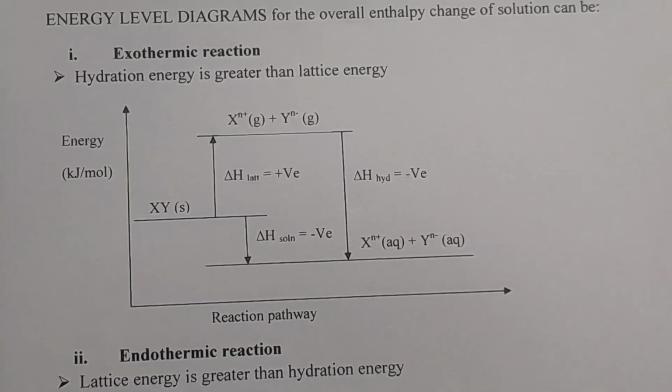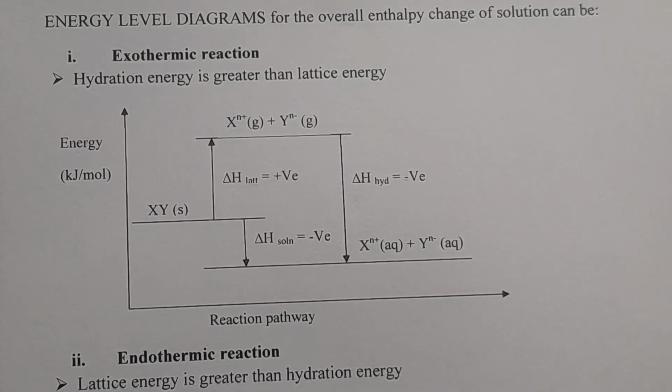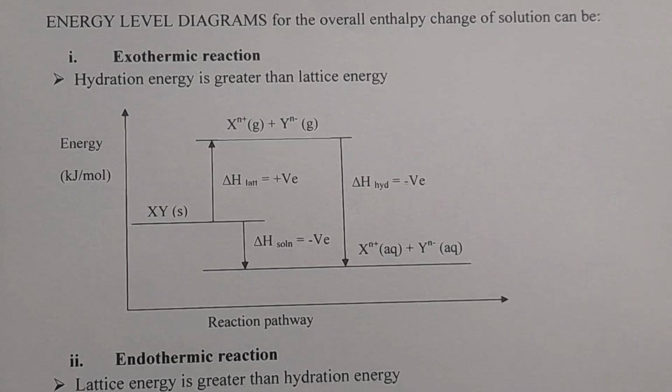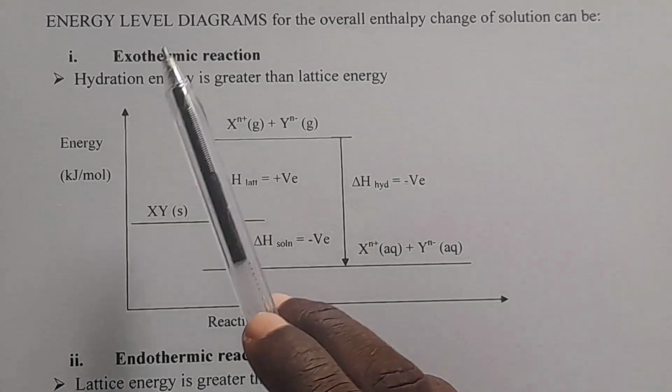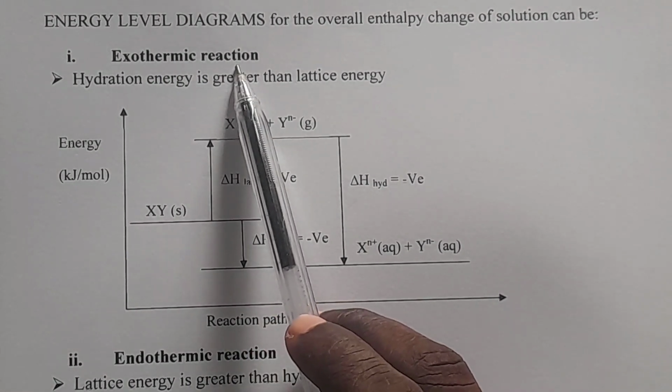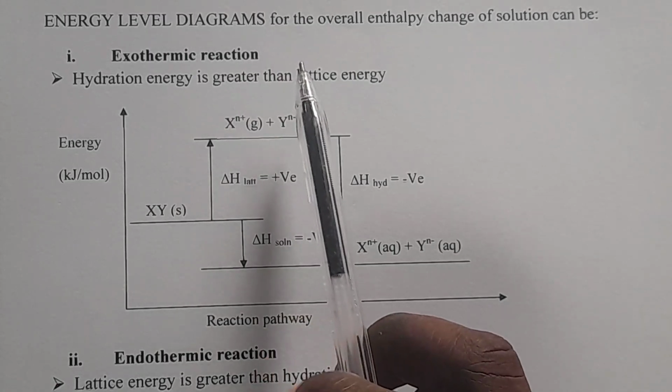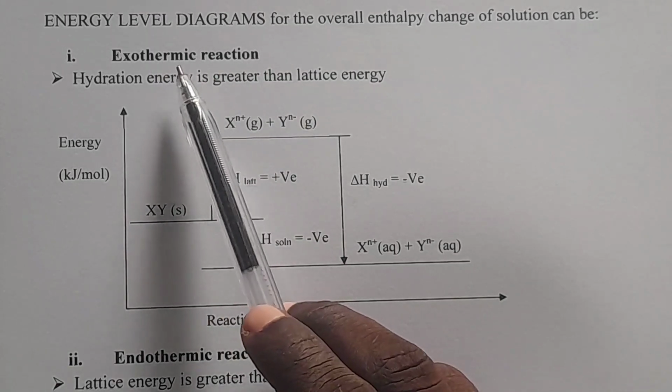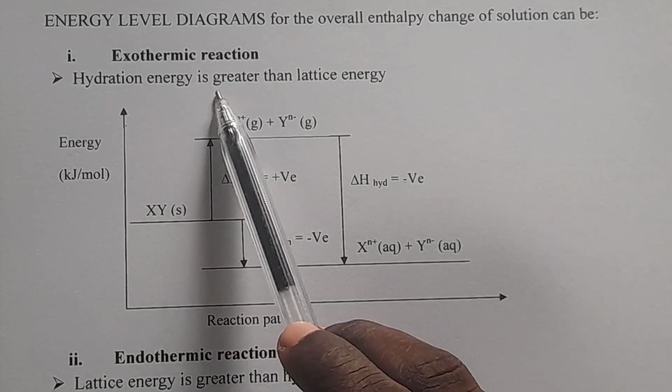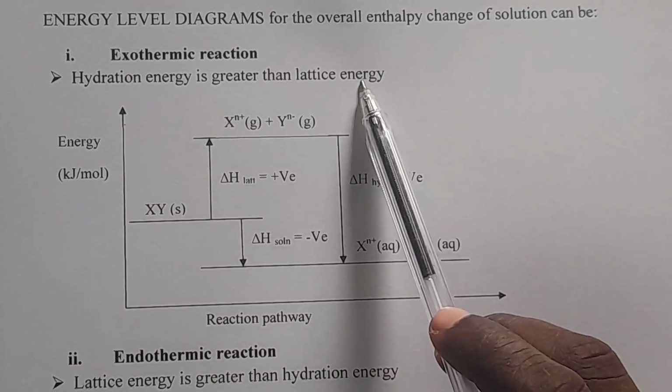We are having energy level diagrams for when the overall enthalpy change of solution is exothermic. The heat of solution can be exothermic if the hydration energy is greater than the lattice energy.